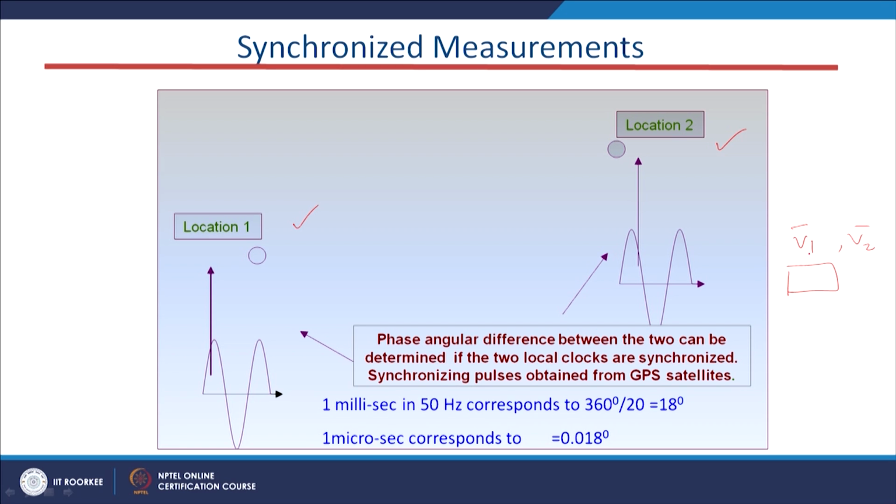For analyzing these 2 data, the 2 voltages should be synchronized, otherwise it will be difficult to analyze these 2 phasors. That particular work is done in WAMS technology using the PMU device.